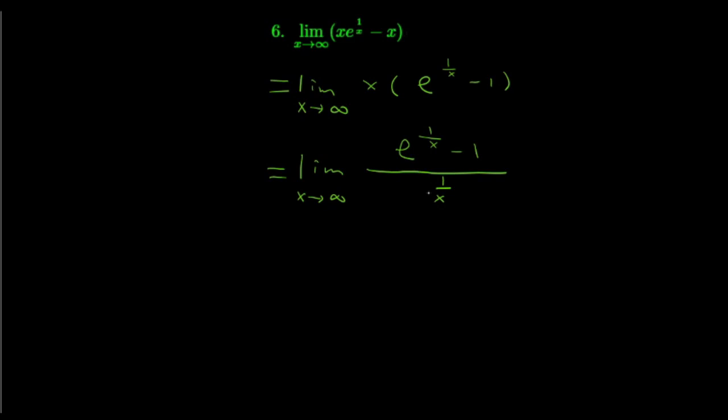Again, for that function, there might be two ways to convert it to a quotient, but one way will work. Actually, that way will work. Now, the next step is to verify the condition. We are going to verify that the limit of this quotient is indeed an indeterminate quotient.